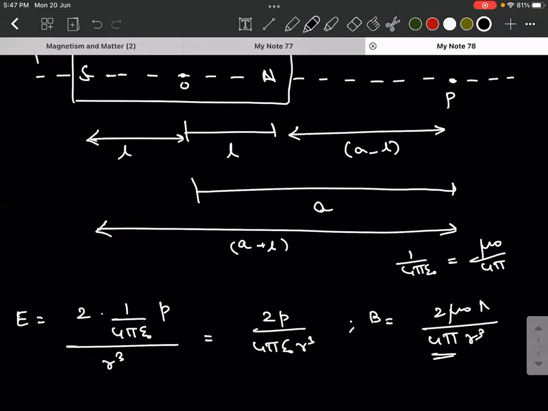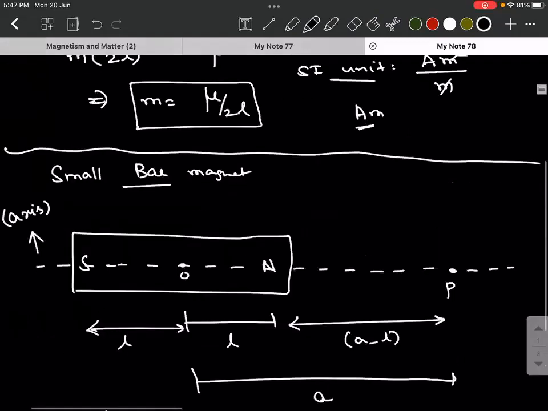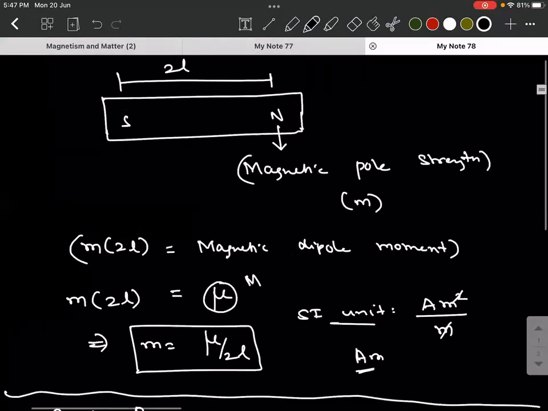Here it is capital M, the magnetic dipole moment. That mu, I wrote it there not to confuse you between capital M and small m. Actually, this mu is capital M only, because in the previous chapter we wrote magnetic dipole moment as capital M only. Is it clear?